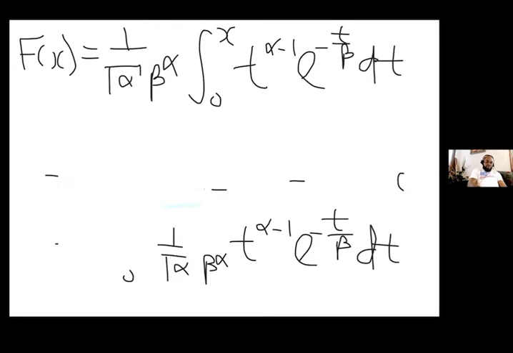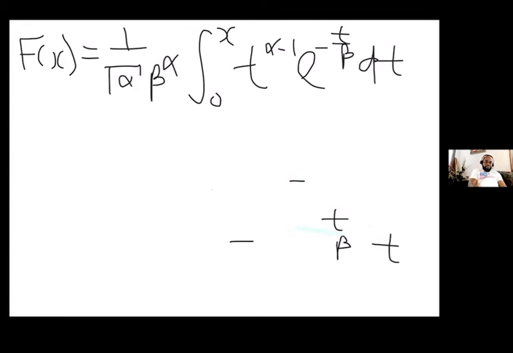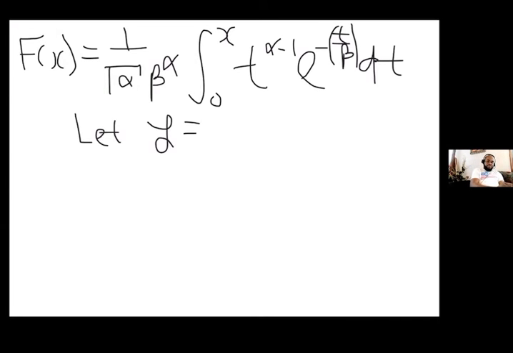If you take a look at my exponential, what is the exponent? The exponential is carrying negative t divided by beta. I'm talking about this part here. I need a new variable. So I say, let y be equal to t over beta.